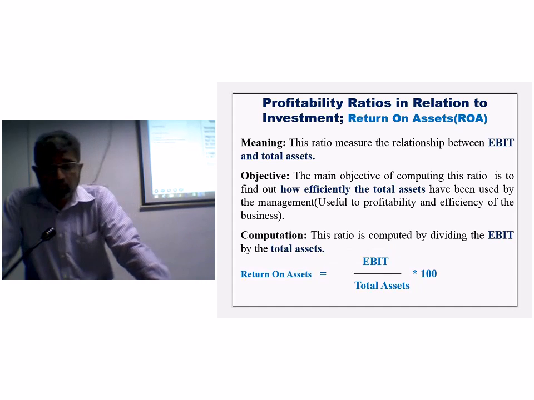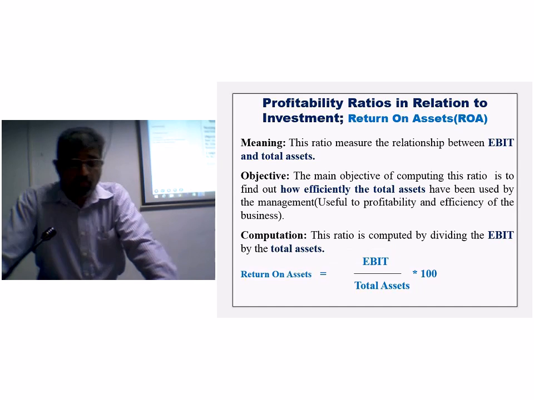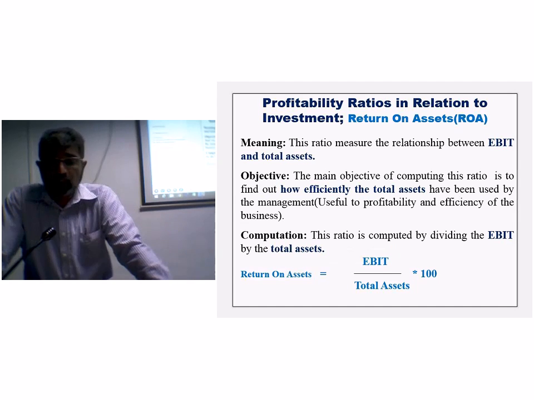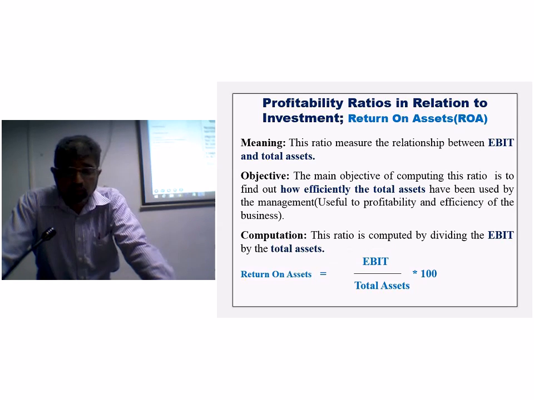The meaning of this ratio: it measures the relationship between EBIT and total assets. What is the meaning of EBIT? Earnings before interest and tax. In some books we say PBIT, profit before interest and tax, same as EBIT, right? The objective of this ratio is to find out how efficiently the total assets have been used by the management.